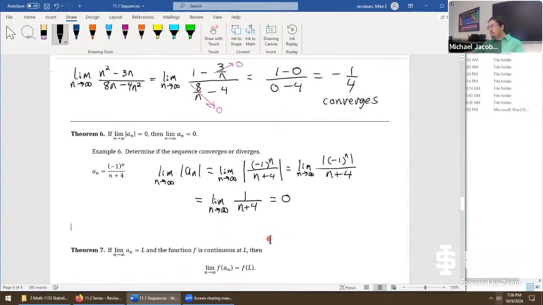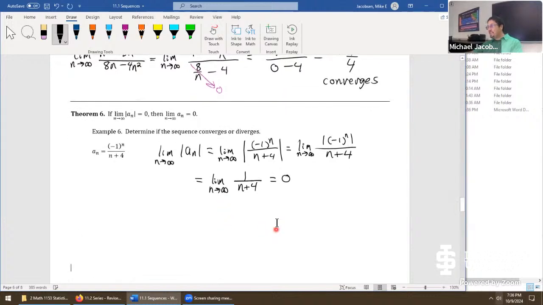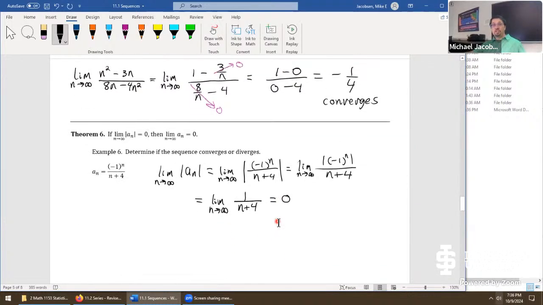But hang on, the trouble with theorem number 6 is it doesn't fully resolve your question on the first step. We know that by this work, the absolute value of a_n converges, but we have to tie that together with the original sequence.